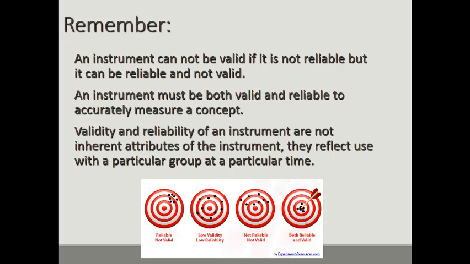If we think back for a second to the instrument that worked well in our 15 and under crowd and found that it was reliable and valid, as soon as we started asking our crowd over 70 about their use of wireless technology, we will find that that instrument is no longer a reliable and valid measure because our older group doesn't understand the terminology in the same way as our younger group. We have to make sure that we assess the reliability and validity again if we are applying an instrument to a group where these have not been shown to be present.